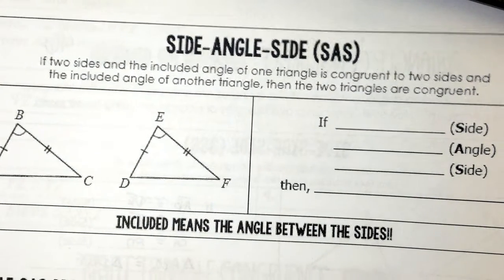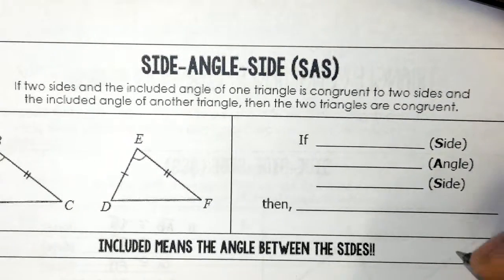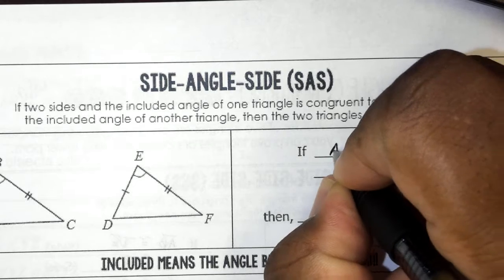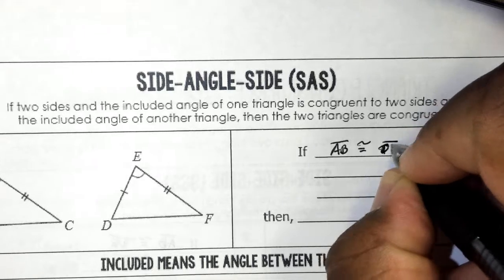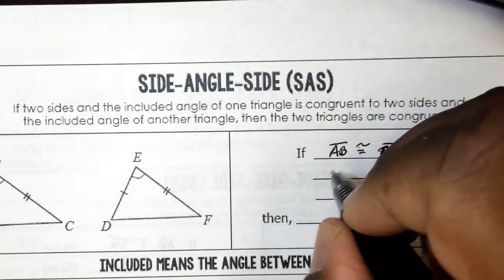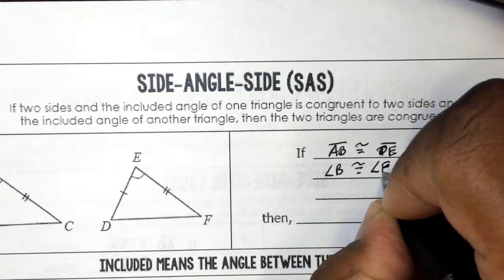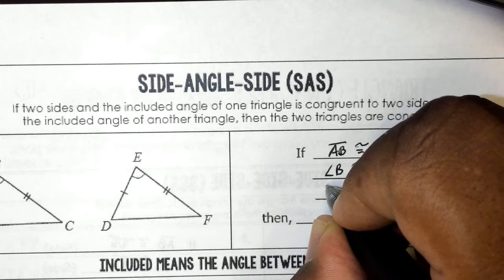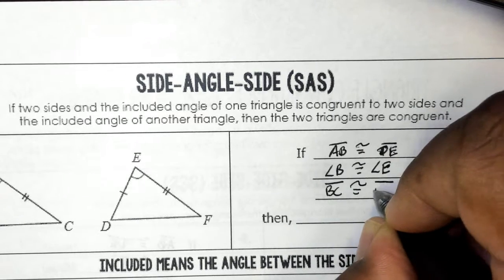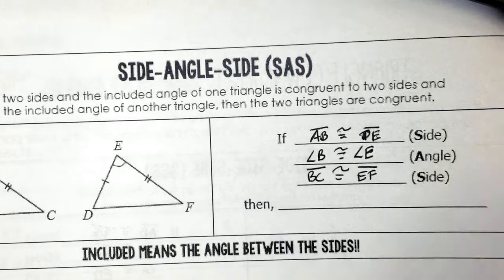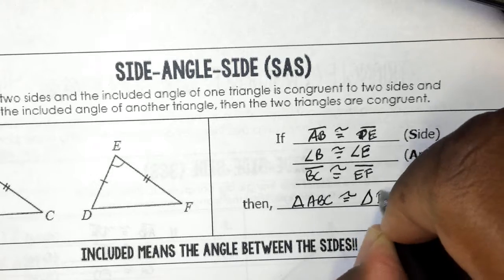So, a side angle, side. All we're doing over here is writing the statements. If AB is congruent to DE, excuse me, and angle B is congruent to angle E, and then side BC is congruent to side EF, then we know triangle ABC is congruent to triangle DEF.